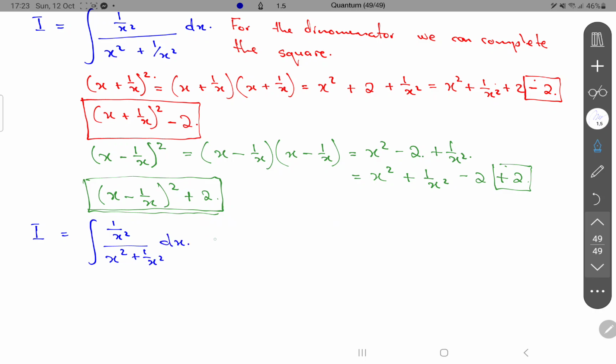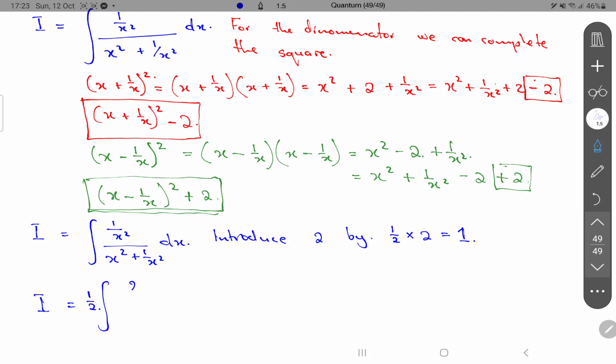We have to introduce a 2 by saying a half multiplied by 2 will give you a 1. Why am I saying this? Because my integration is going to be the integral of, I will put a half outside here.